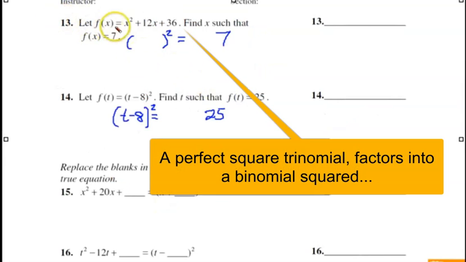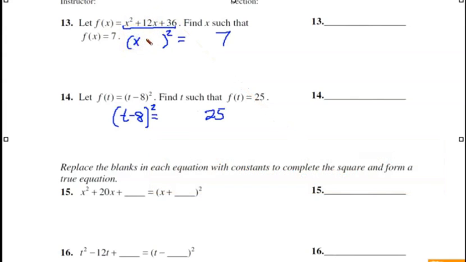Now as we do number 13, I don't know if you recognize, this is a perfect square trinomial that we're going to factor into (x + 6) squared equals 7. That's function notation for this. So we're going to take the square root of that, plus or minus the square root of 7.